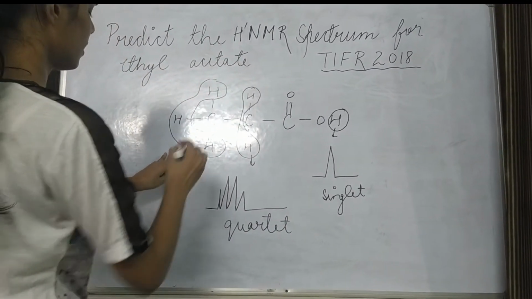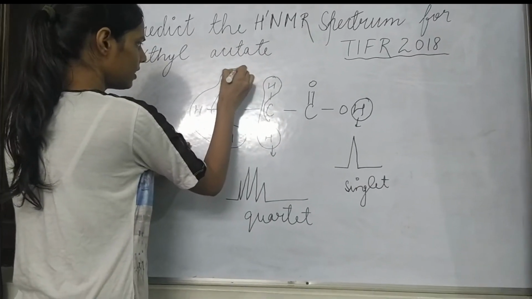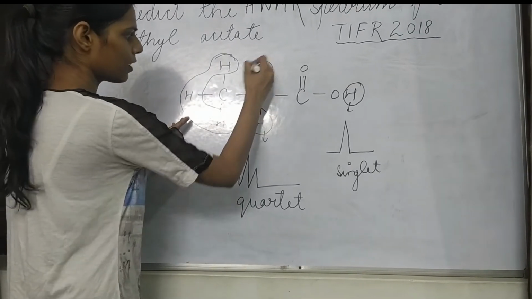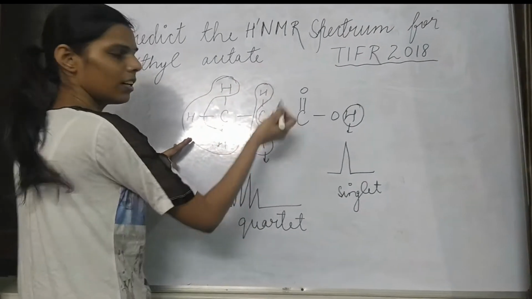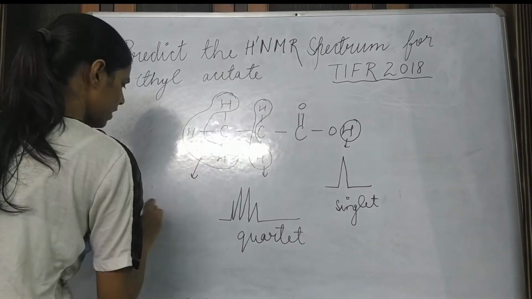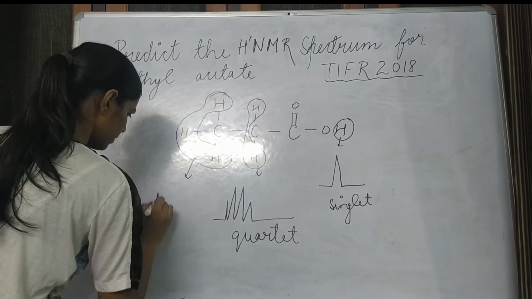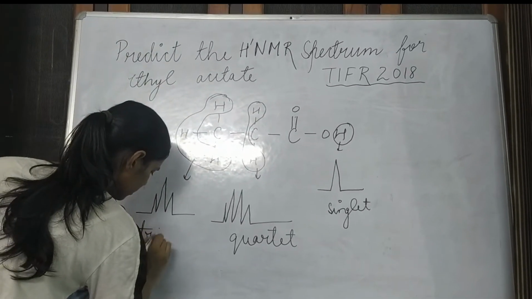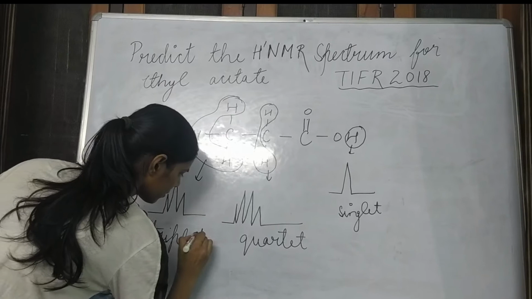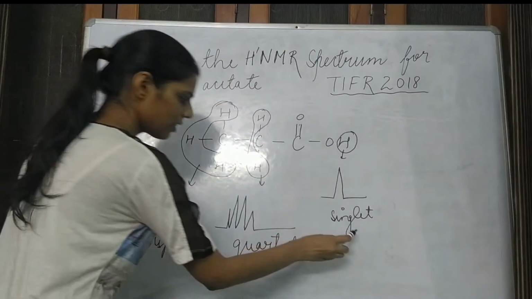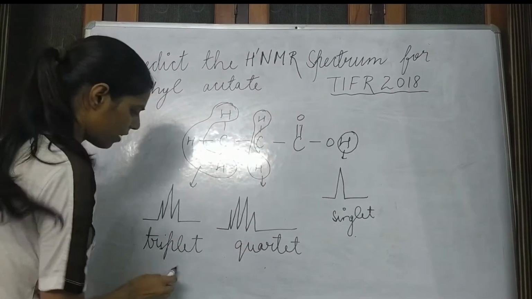Now we'll come to this. These 3 hydrogens are equivalent, and adjacent to them there are 2 hydrogens. So 2 + 1 gives 3 peaks, and we'll get a triplet. So for ethyl acetate, we'll get 1 singlet, 1 quartet and 1 triplet.